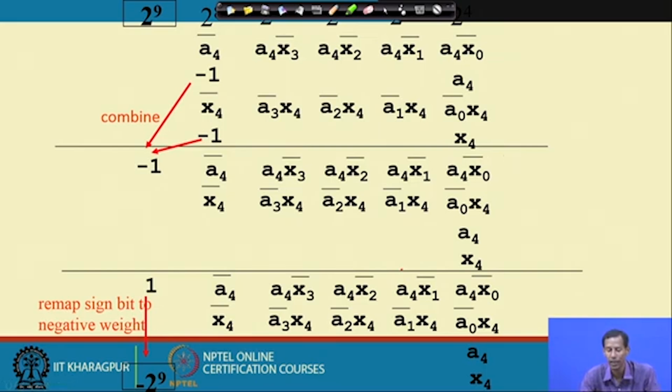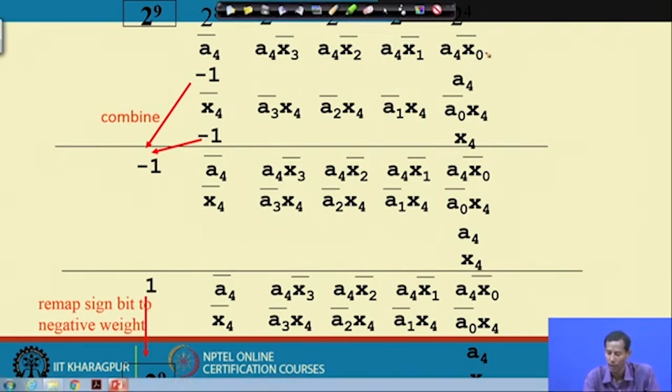So, at that time what will I get at this particular position? Okay. A4 x0 bar and A0 bar x4. Okay. And then A4 and x4. So, this position is A4 x1 bar, A1 bar x4. So, this will be added, this will be added, and for this particular case A4 bar and x4 bar will come here.